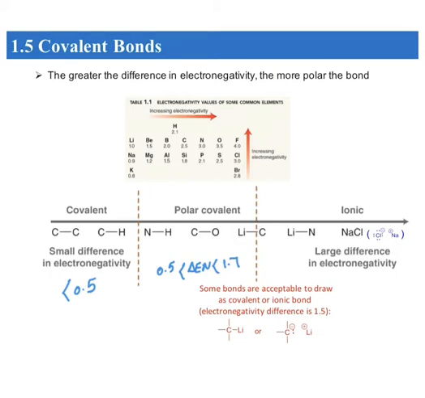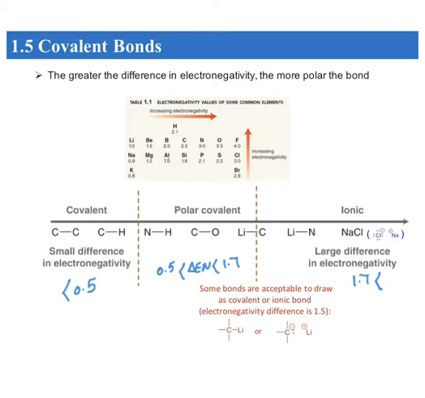Some examples, NH bond and CO bond, they are polar covalent bonds. And if the electronegativity difference is more than 1.7, we have an ionic bond. The example that we just talked about is sodium chloride. So actually there is no bond between them, it's just the electrostatic attraction between opposite charges. So we have exceptions here.